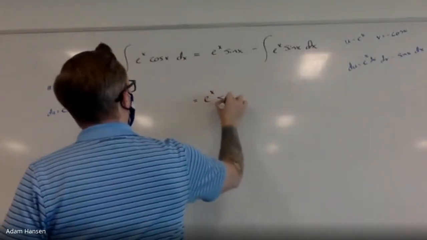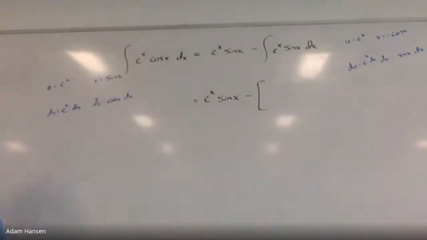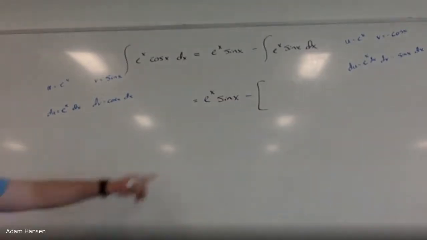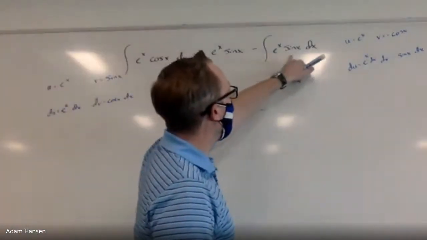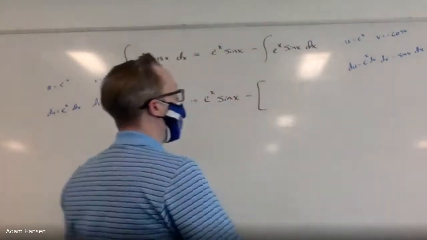Easy place to make a sign mistake, because now I have to minus whatever I set up for round 2 of integration by parts. I'm going to subtract off this antiderivative of e to the x sine x dx using IBP.